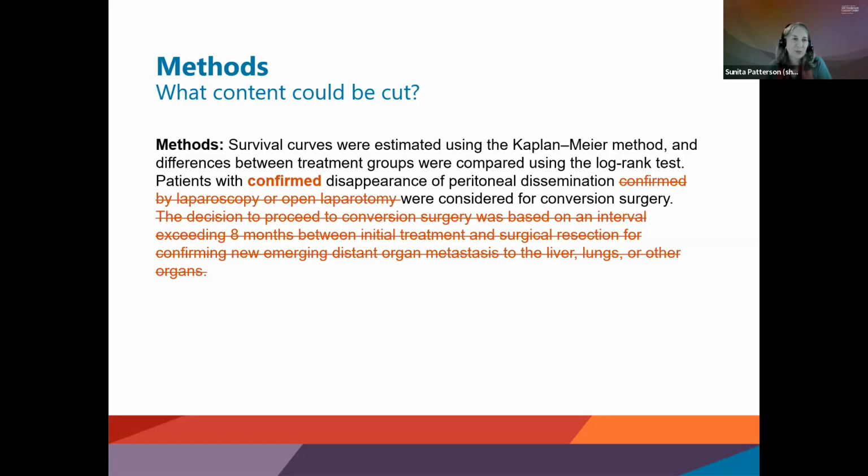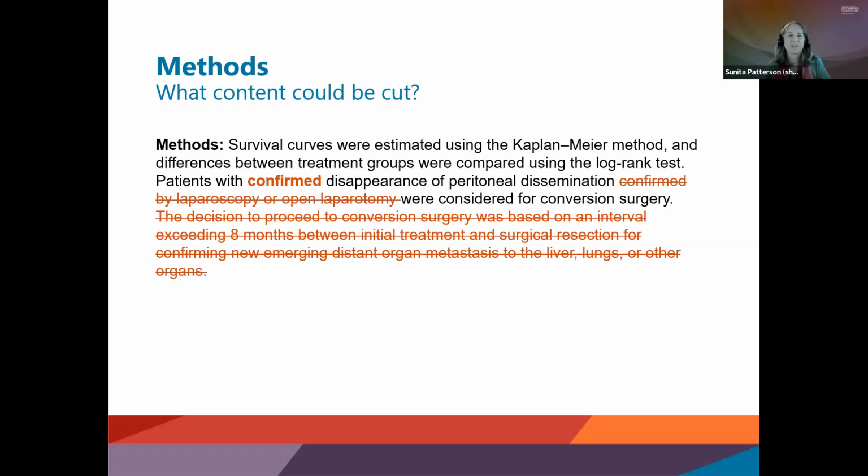We decided to keep this first sentence about the survival curves, the statistical analyses that were done. In the second sentence, we decided that we didn't need to say confirmed by laparoscopy or open laparotomy. I think those were already mentioned earlier in the results, so we took out that phrase and said confirmed.